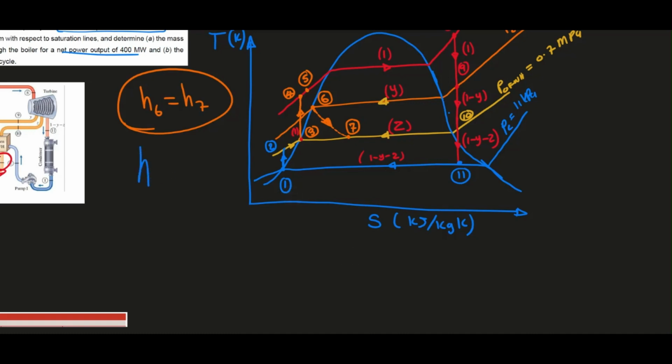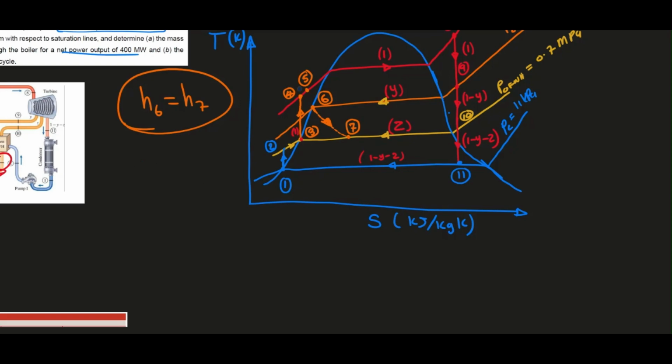We are interested in H. H is enthalpy. We're also interested in S, entropy, since the process can be isentropic and all that. And we're also interested in V at some of the states.